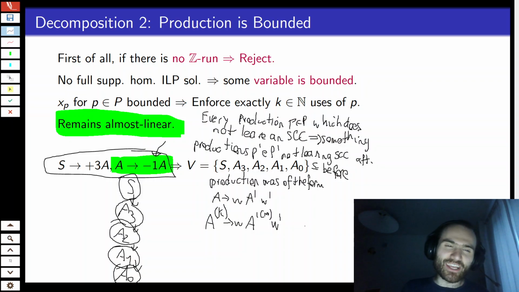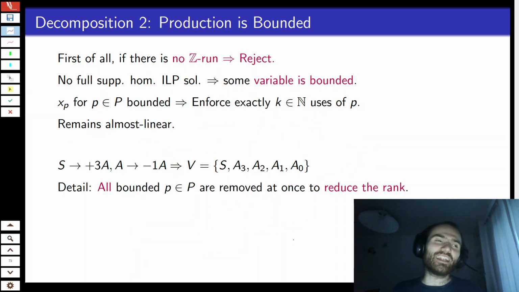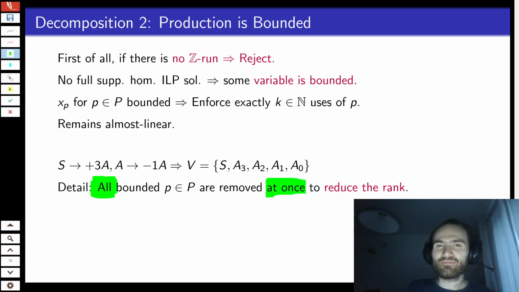The other thing I have to check: why do we in general preserve the rank? For those of you familiar with how this works in VASS, there is a detail here that I have to mention. The important thing is you have to remove all bounded productions at once. This is necessary to reduce the rank.